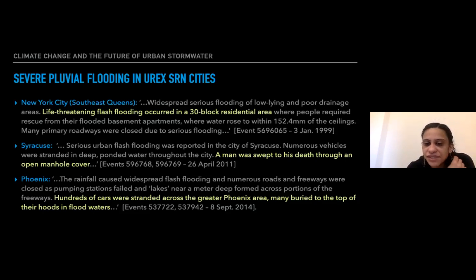In the city of Syracuse in 2011, a man was swept to his death during a pluvial flooding event. And in Phoenix, there was a recent event associated with the monsoon where hundreds of cars were stranded throughout the Phoenix area, many buried to the tops of their hoods, and people had to be rescued because they faced life-threatening conditions.